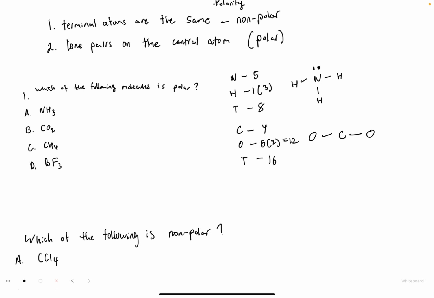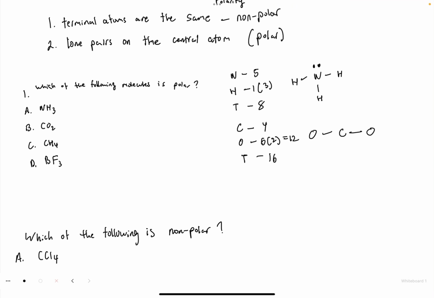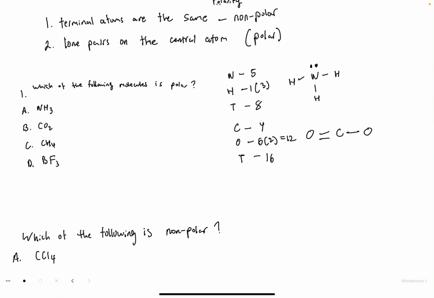Right now it looks as if carbon only has 4 valence electrons. It needs to get to 8 for stability. So let's try and get carbon to 8. If we add double bonds on both sides, you get 8.